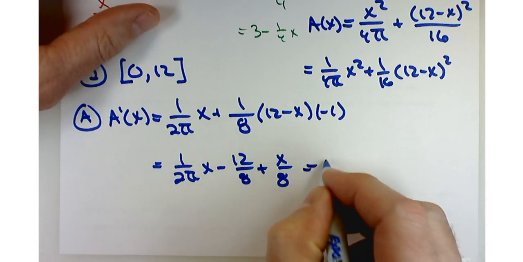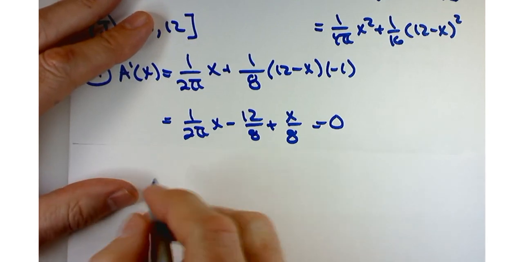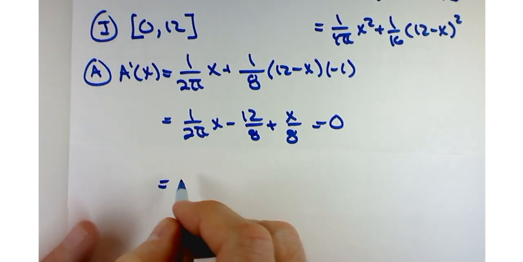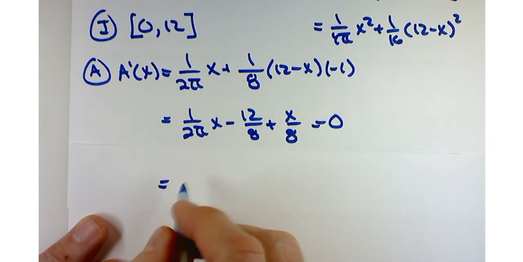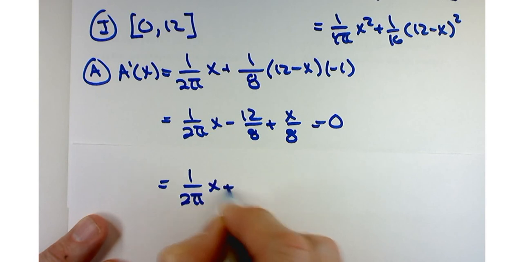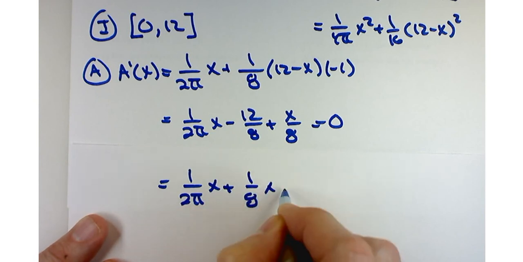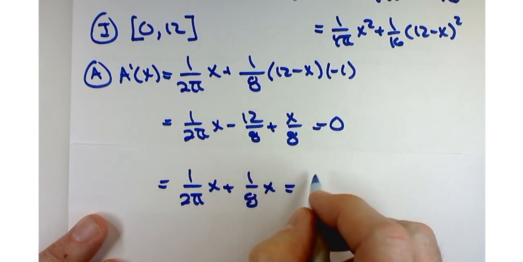Let's set it equal to 0 and solve. So let's see. I'll move this to the other side. I'll have 1 over 2 pi times x plus 1 over 8 times x equals, let's put that in lowest terms, 3/2.